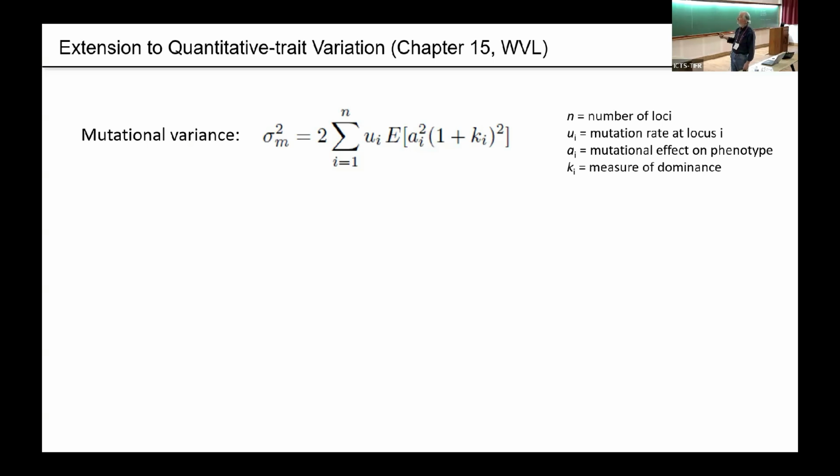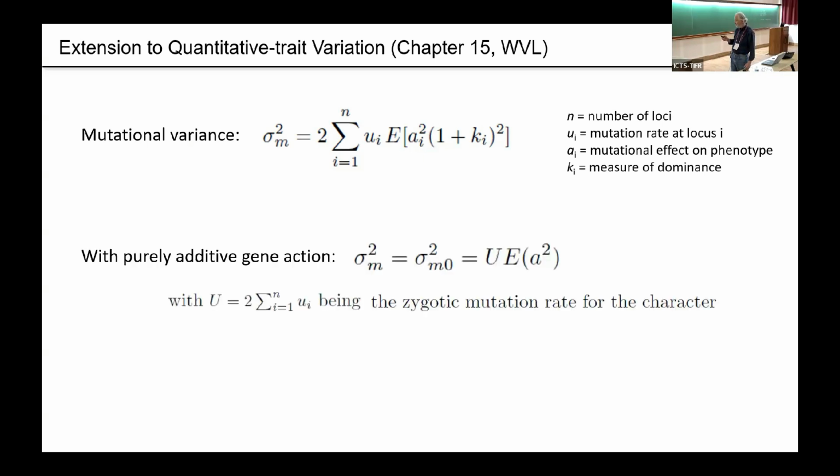And then this final term here is a measure of dominance for the new mutations. And so in the simplest case where the mutations are all additive, this is 0, and this distills down to a simple expression. U here is the diploid genomic mutation rate, 2N times the rate per site, multiplied by the mean squared effect. So that's the general definition of mutational variance.